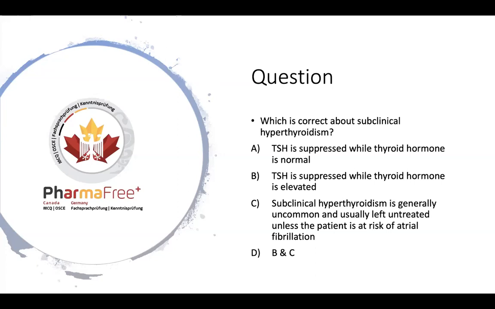So that's why it's subclinical. The same concept applies to subclinical hyperthyroidism. TSH is suppressed while thyroid hormone is normal. If you have TSH suppressed, this means you have hyperthyroidism. Normally the thyroid hormone should be elevated, but here it's normal.